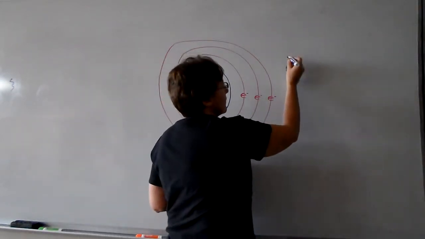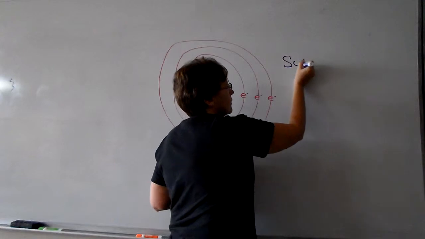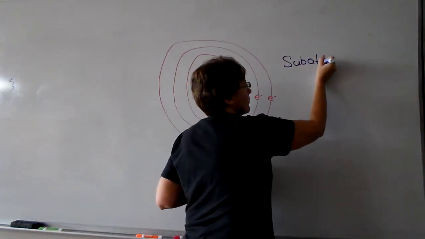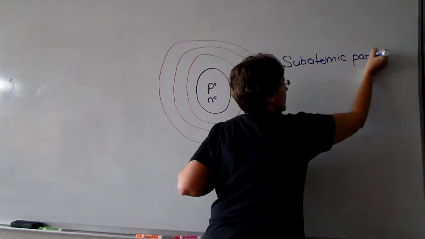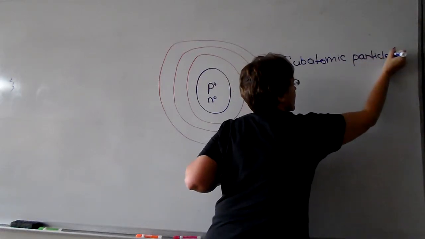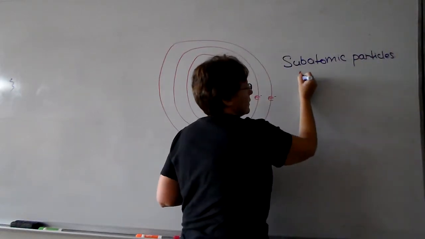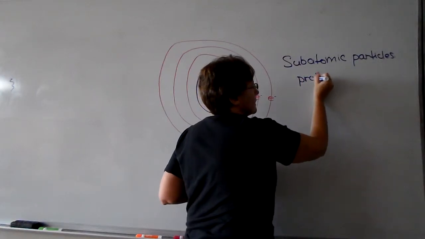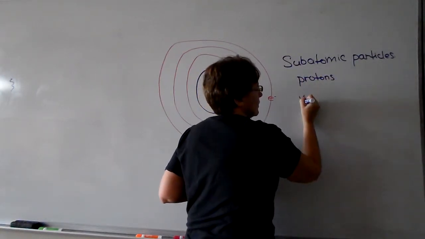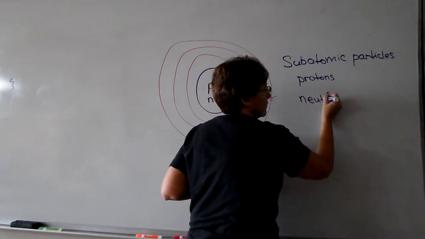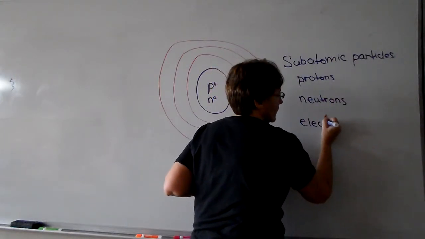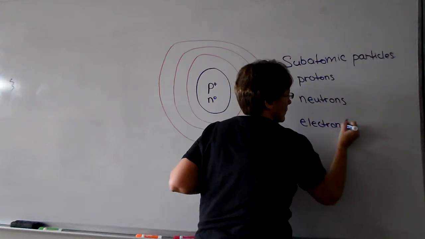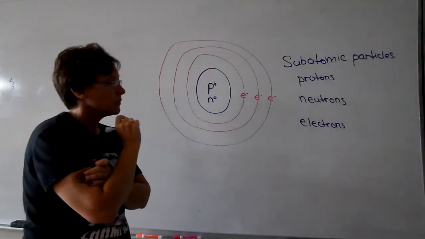So first of all, we have three subatomic particles. We have the protons, the neutrons, and the electrons.